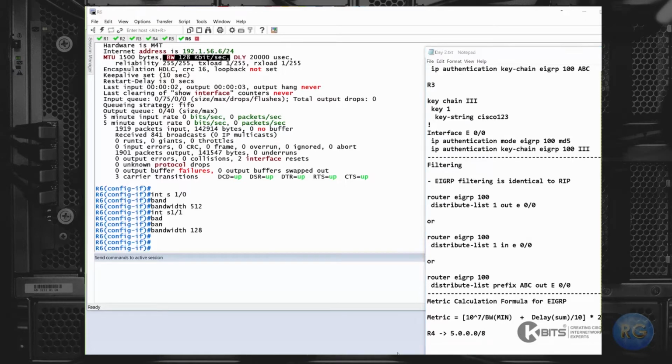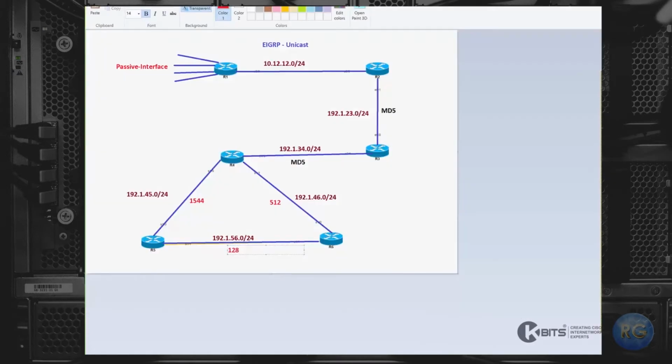Network 5 over here is a loopback behind R5. There's also a network 6, and I'm going to use R4 over here to determine these bandwidths. So from 4 to 5, what are the different paths? Do I have multiple paths? From 4 to 5, yes, I do.